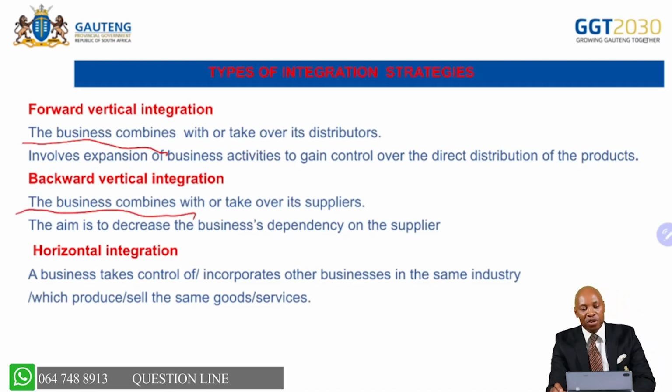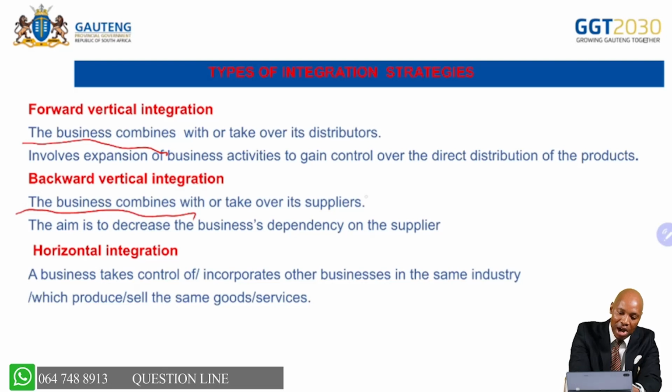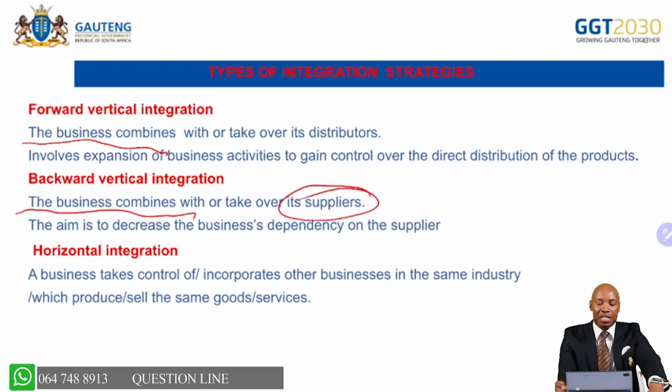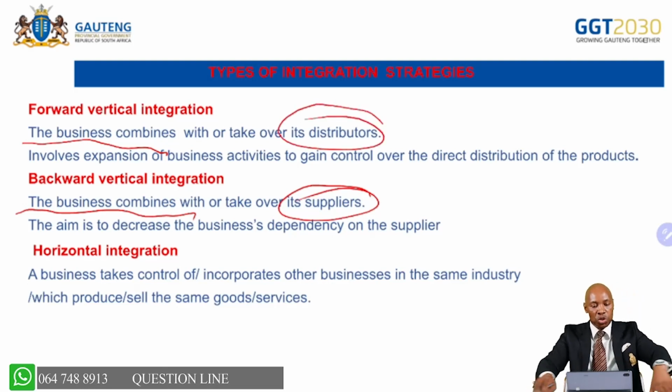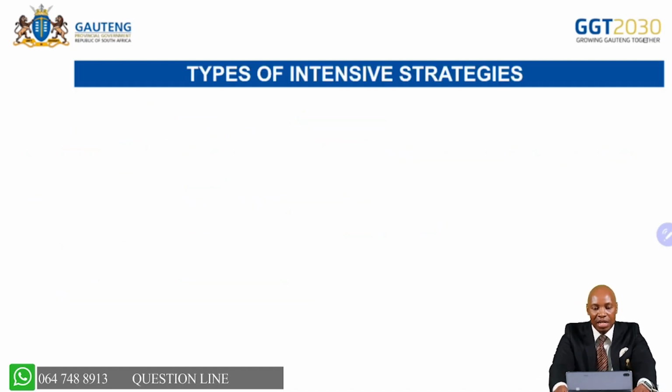Now, you know, with your backward vertical integration, you combine with the suppliers. Your forward vertical integration, you combine with your distributors. Then when you do horizontal integration, you take control of the business that is in the same industry offering the same product. Right, let's take another strategy. Now let's take your intensive strategy.